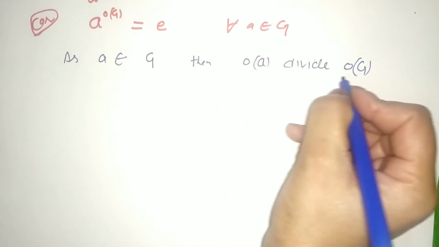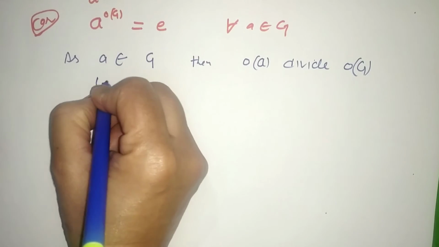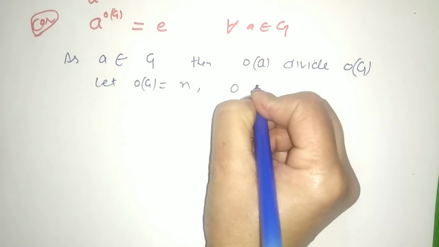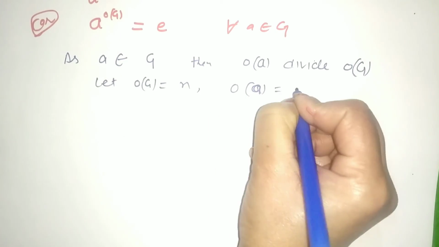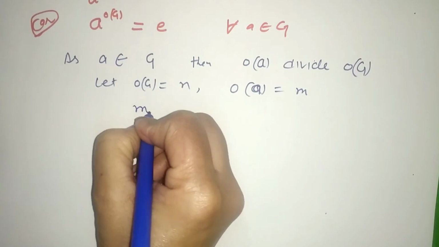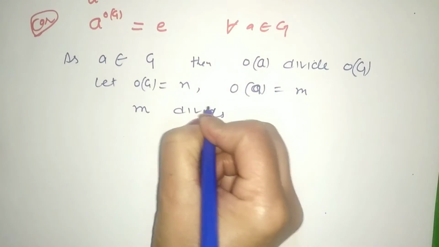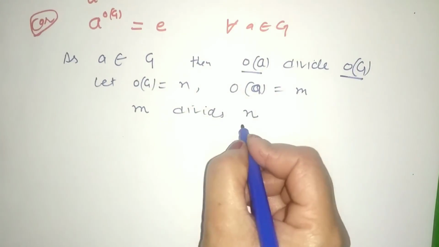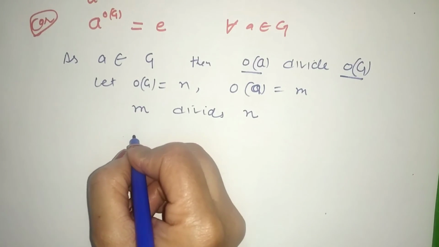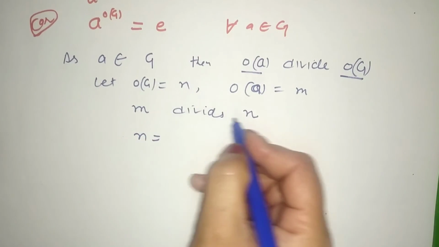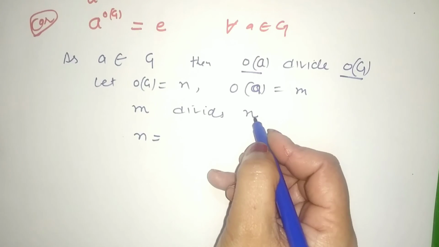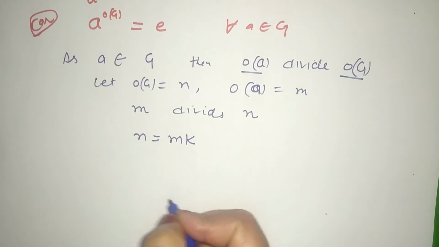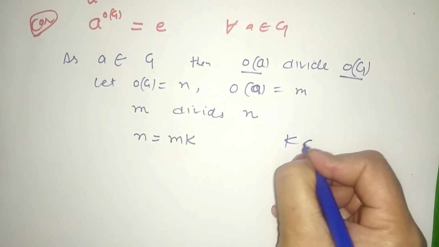So order of a divides order of G. Let order of G be n, order of a be m. So we will write m divides n. Now m divides n means n is a multiple of m, so n can be written as m into k for some integer k.